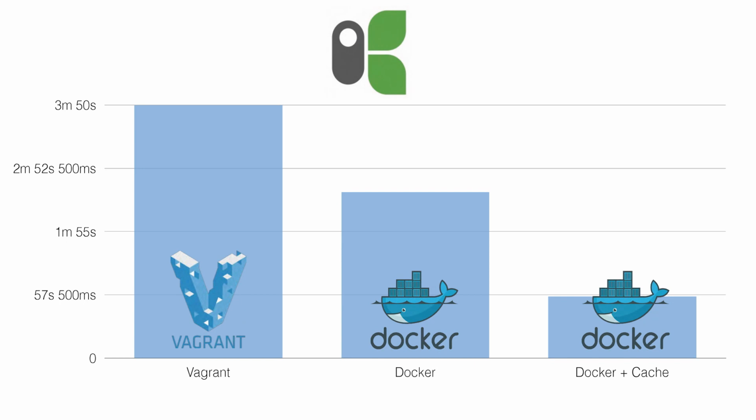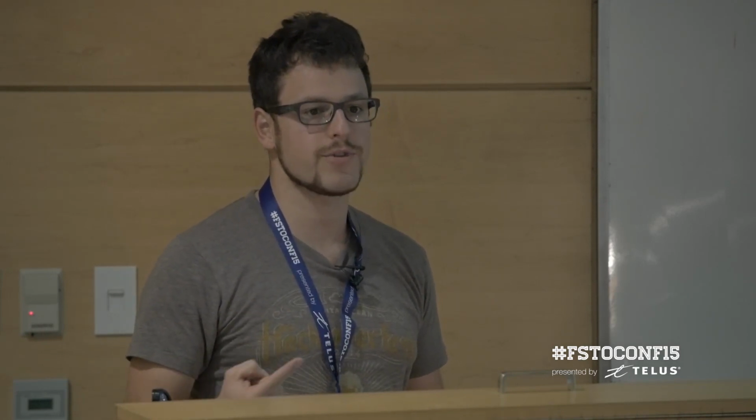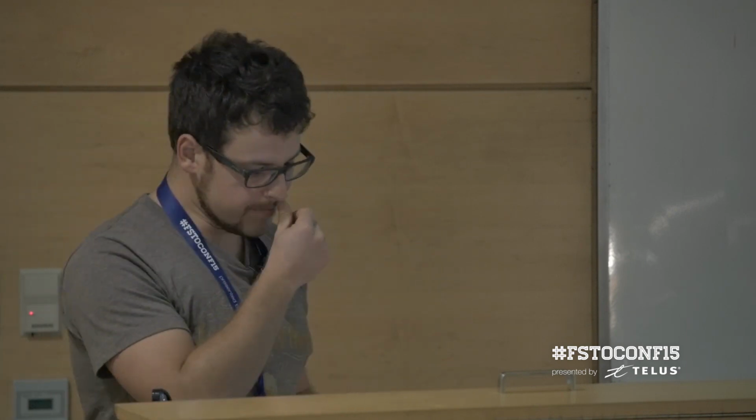If we just change that one line from Vagrant to Docker, we're now at 2 minutes and 30 seconds. So we've dropped an entire minute plus from our feedback cycle. And the feedback cycle is very important when doing test-driven infrastructure, just as it is in test-driven development. You want to make a change, and you want to see the test pass or fail as quickly as possible.